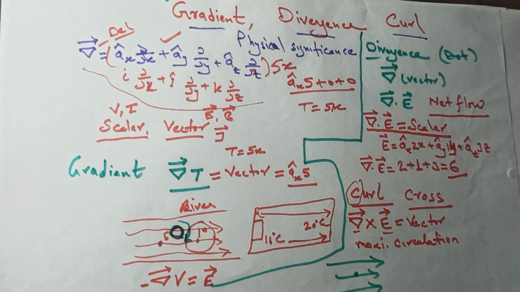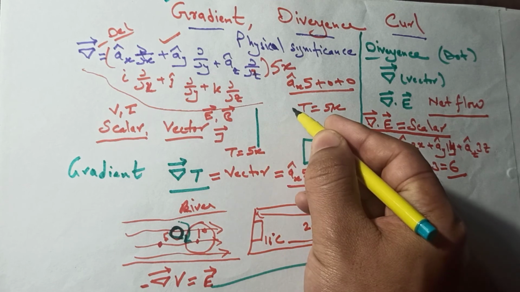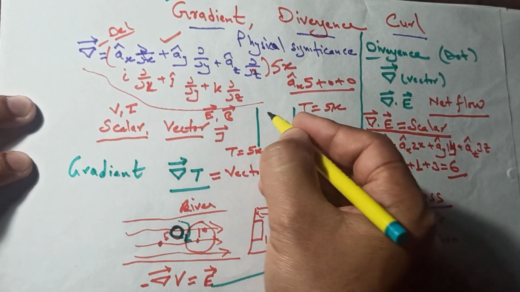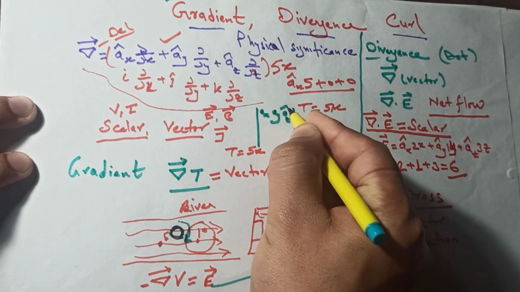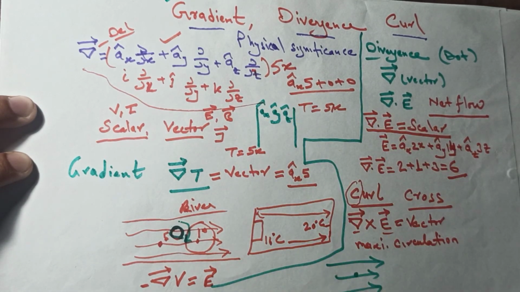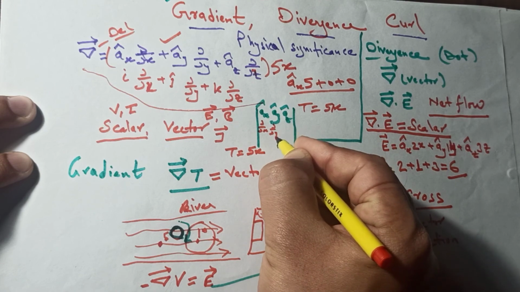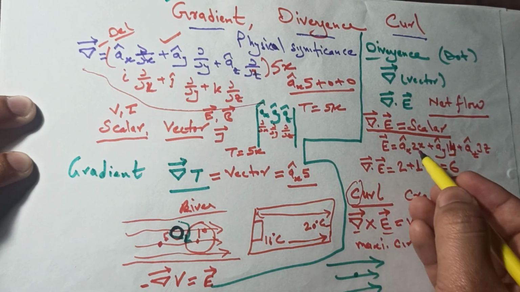Now how will you calculate this del cross E? It is easy to calculate. You have to solve a matrix here, because both are vectors, so you have to write ax, ay, az, these are the unit vectors. Then the value of del: partial by partial x, partial by partial y, partial by partial z. Then you have to write the value of E. What was the value of E?